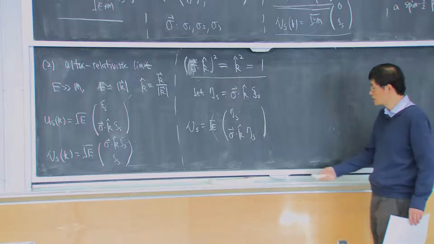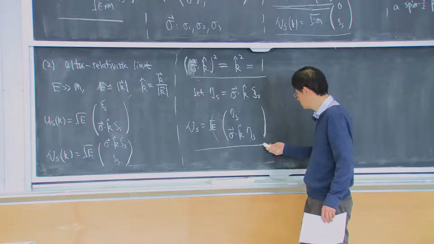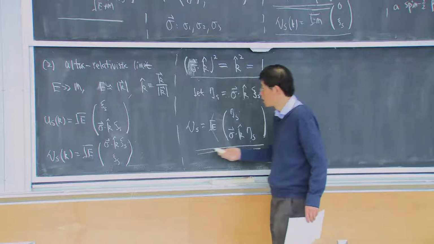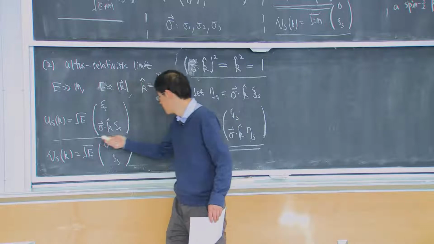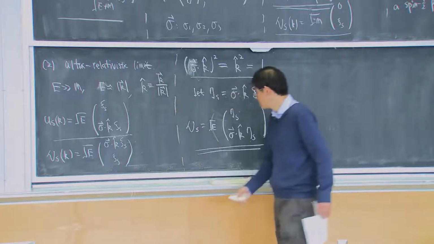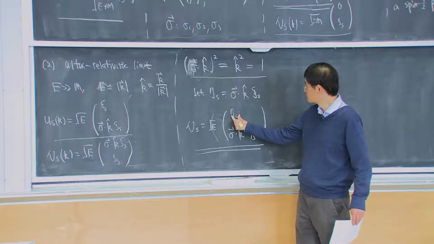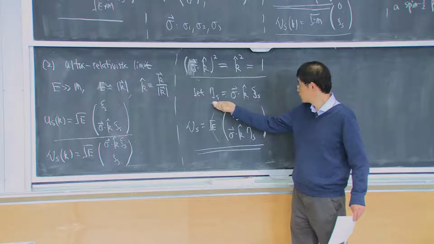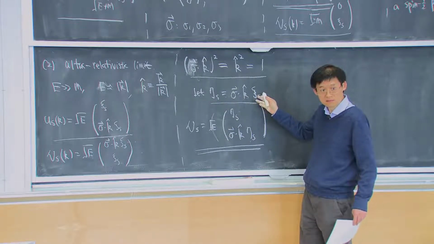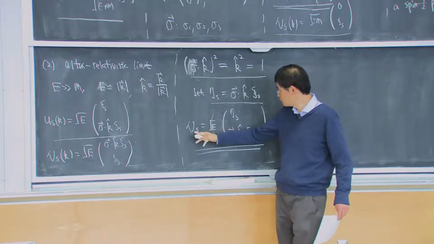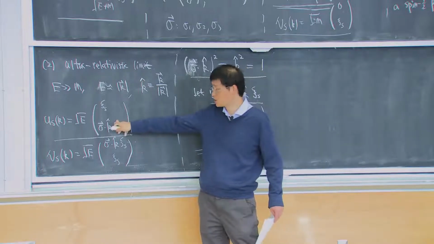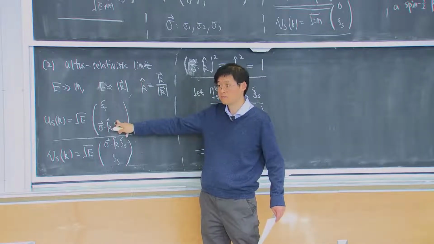But now these have exactly the same form as this one, except now eta s is a linear superposition of the psi s. Then that means that the vs is a linear superposition of the us. Okay?